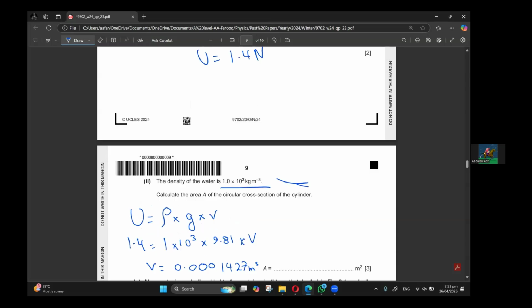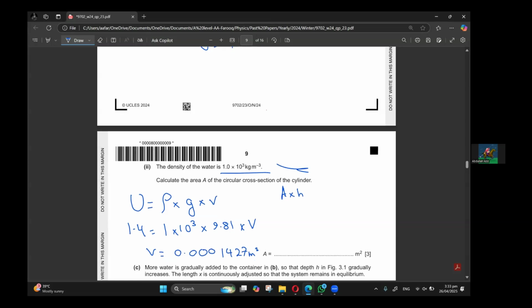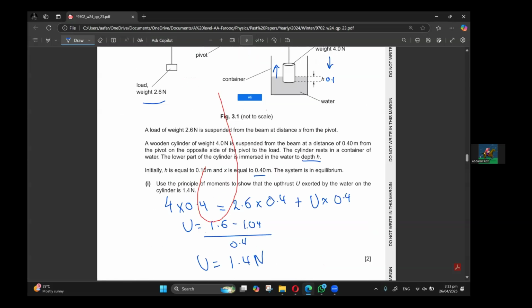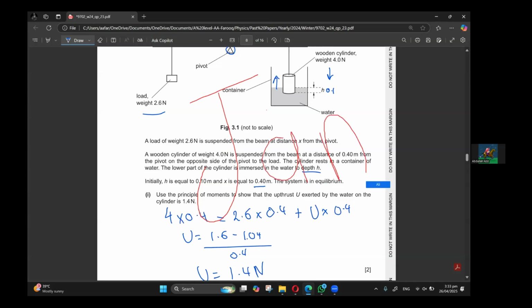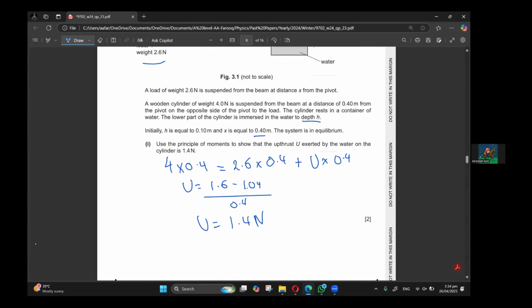And now we know that the cross-sectional area into height is the volume. H we have, they gave us, this is 0.1 meter.